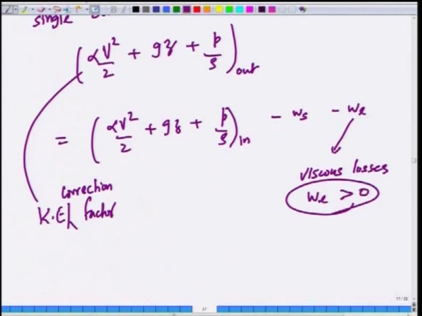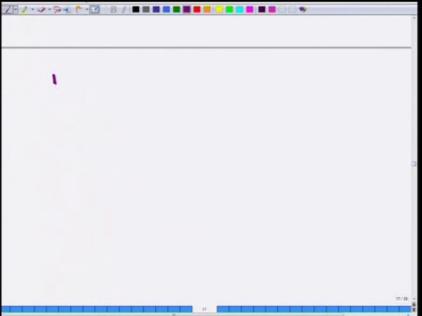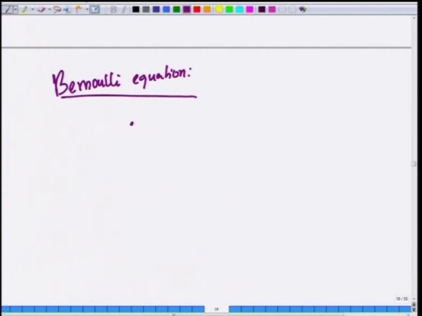Now, we also said that this equation has some connection to the classical Bernoulli equation, but one has to be careful because the similarities are at times superficial. The Bernoulli equation is applicable when there is no shaft work and no losses, that is, the fluid has 0 viscosity.